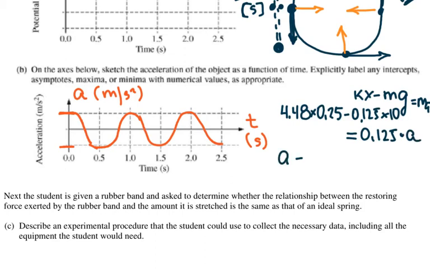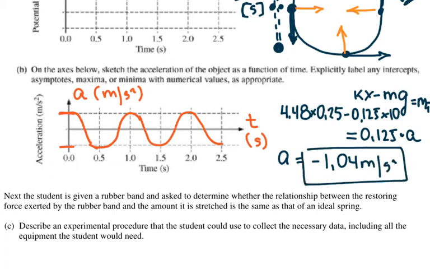So acceleration is equal to, I get negative 1.04 meters per second squared. So I got my acceleration. So the maximum value is going to be 104, positive or negative? Negative 104 meters per second squared.